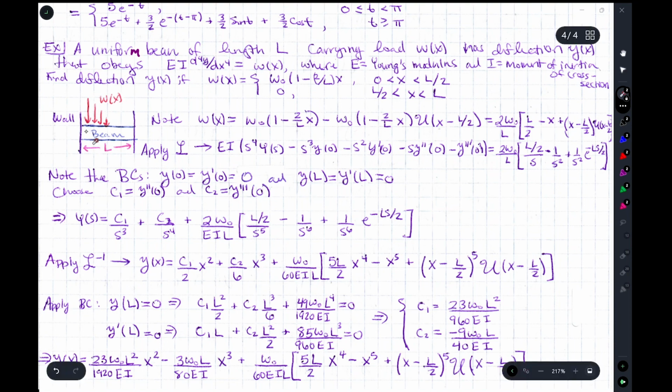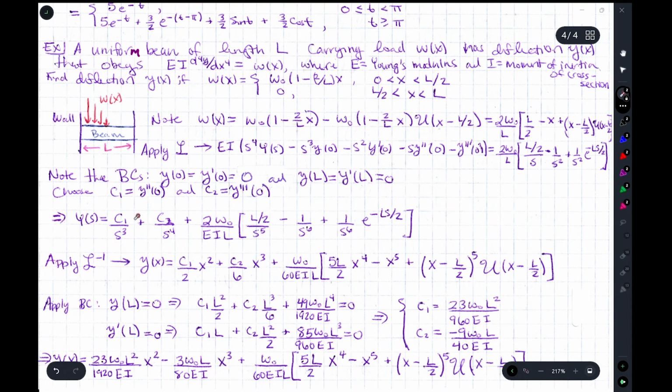That y(0), the deflection, because it's attached to the wall over here, there is no deflection at the wall. So y of 0 is 0, and it's also not moving at the wall, and y prime of 0 is 0, and so are y(L) and y prime of L, okay? So at the wall, there is no deflection, there's no change in deflection, and so that's 0.